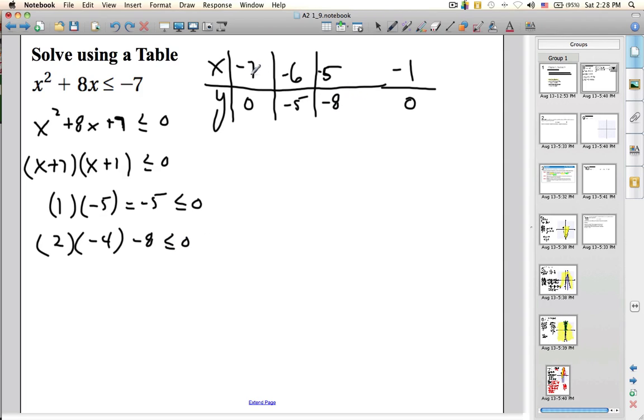Where would my vertex be again? -7 plus -1, right? The x-coordinate of the vertex. It's helpful to me because I know where the lowest value will be in this particular case. -7 plus -1 divided by 2, that's going to be -4. So that's the next point I'm going to do, -4.